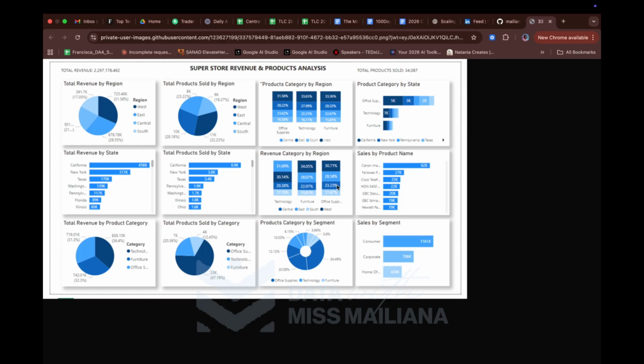We have, give or take, 12 charts here, and you can see the pie charts, the column charts, the donut charts. As I have grown, I'm not going to do this again. This is too much. I can't understand it, so I'm not going to do this again. Instead of having this, I'm going to have it in a bar chart, which is easier to understand. I'm not going to have this as well.